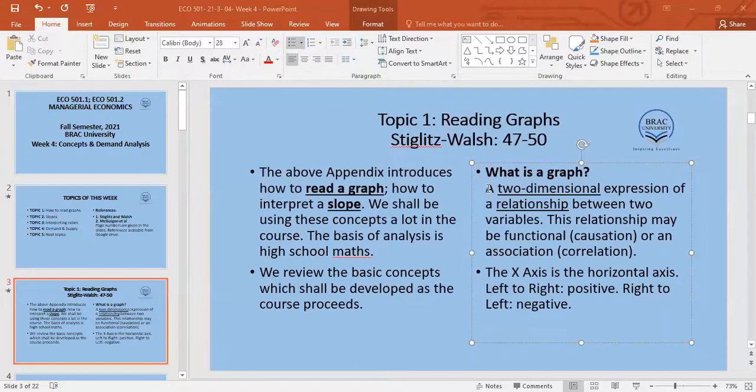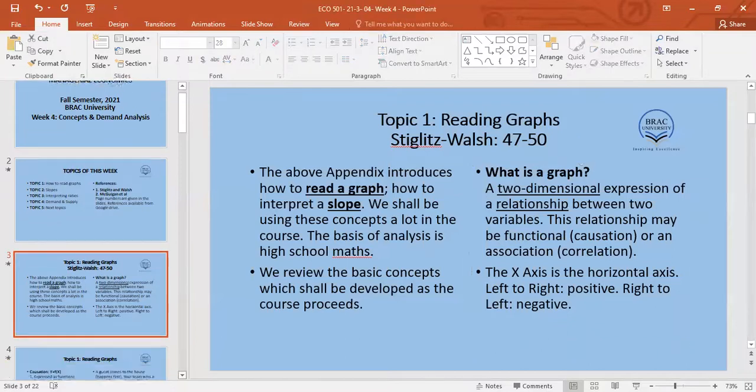That's it. So a graph is a two-dimensional expression of a relationship, and the x-axis, the horizontal axis, is a left to right movement, positive, and right to left is negative.